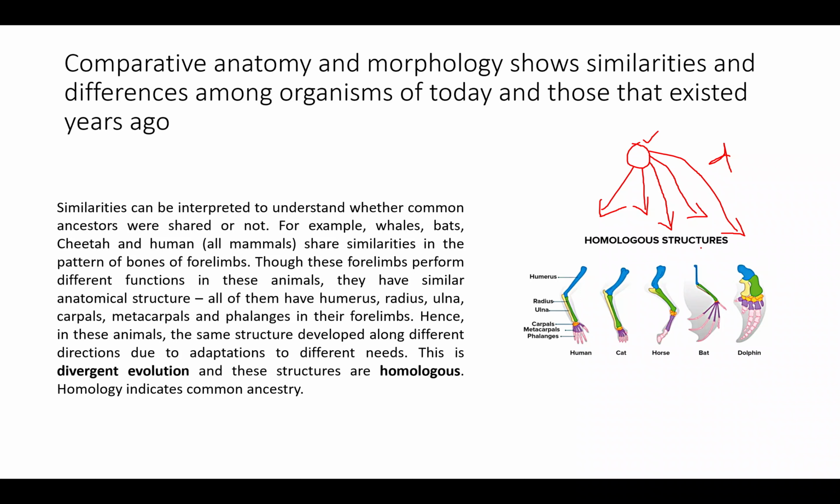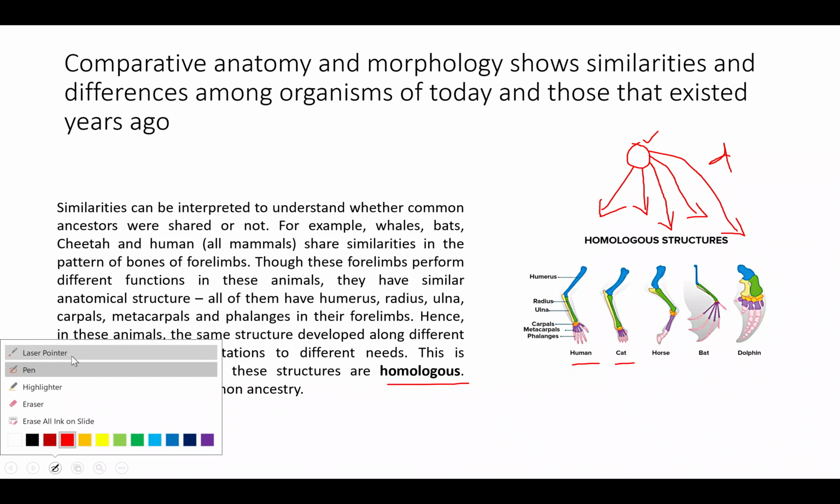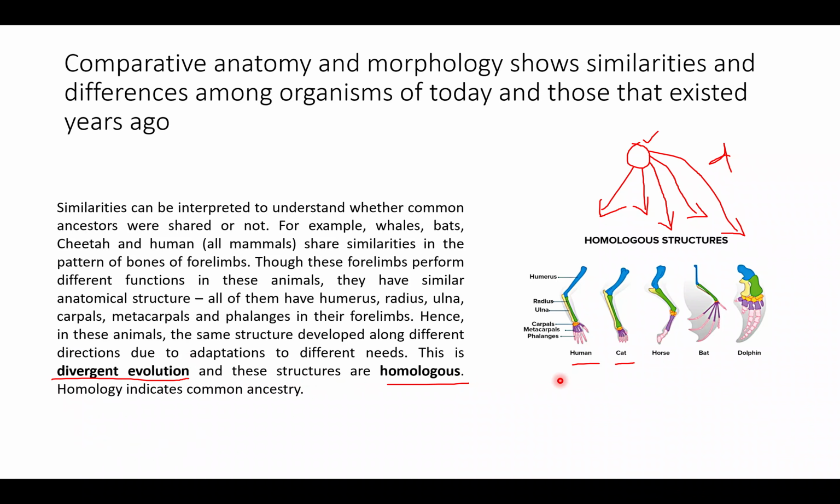The rays are diverging from the common ancestor, and since they all have radius, ulna, carpal, metacarpal, they are called homologous organs. So remember, we have homologous organs in the case of divergent evolution.